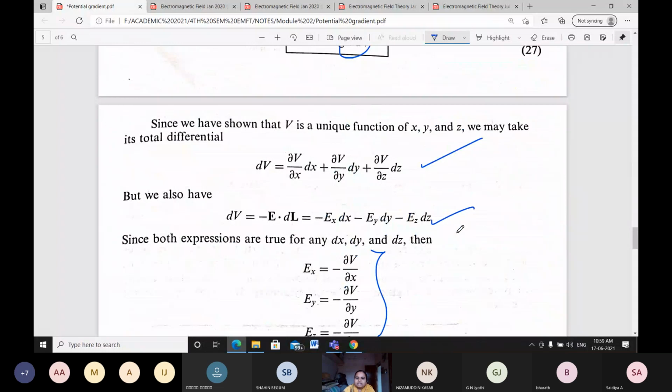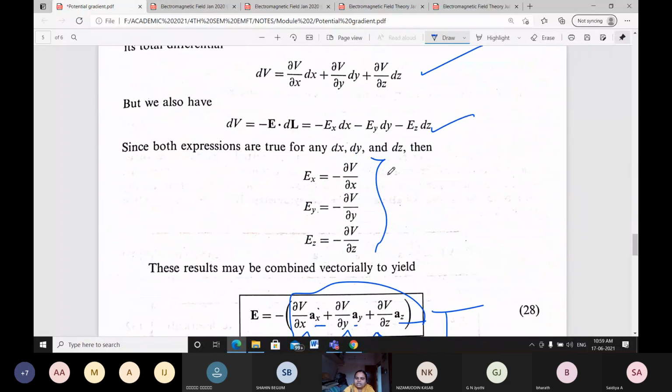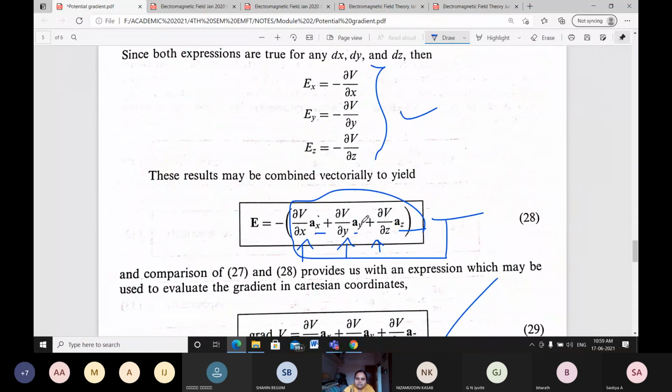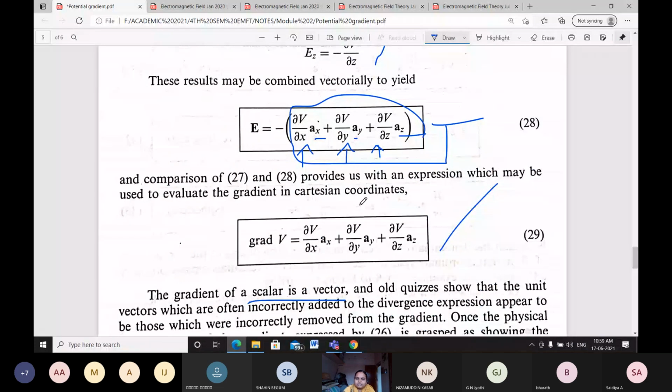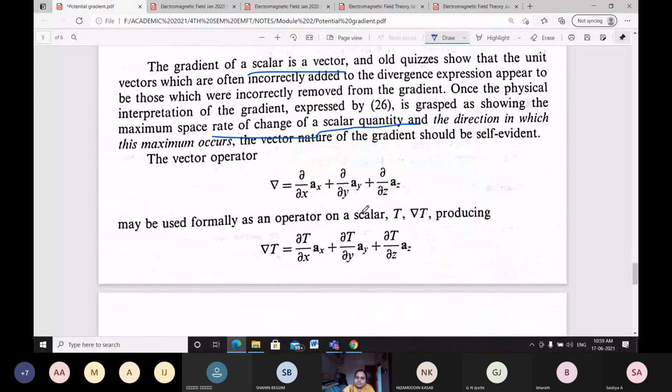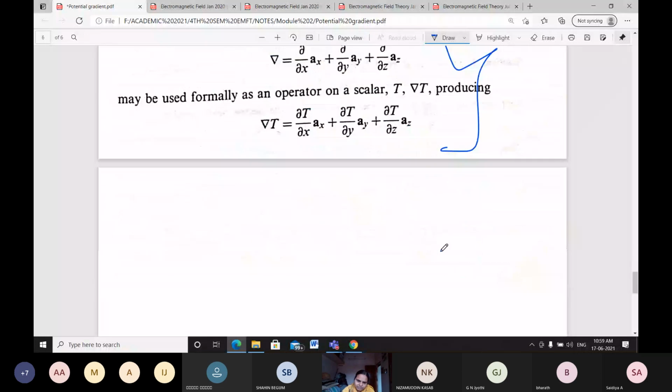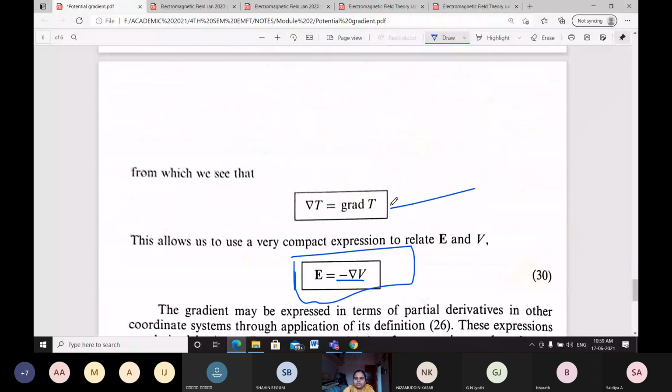Just by comparing these two equations, I can write Ex, Ey and Ez. Therefore write the whole equation; this is nothing but the gradient of V. In the basic equation, I can write E equals minus del of V, and write del of V in the different coordinate systems.